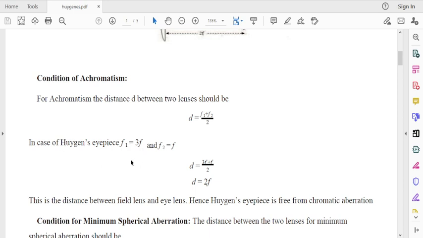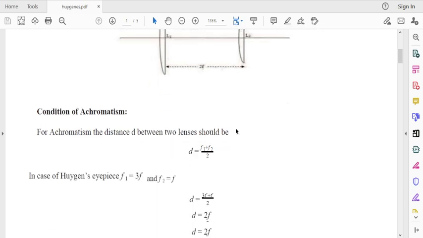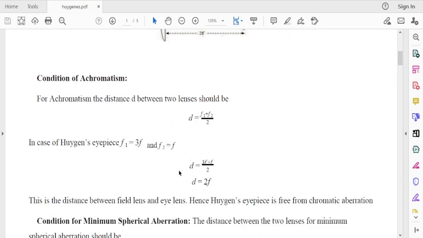As we have seen, F1, the focal length of the first lens, is 3F, and the focal length of the eye lens is F, and therefore D equals (3F plus F) by 2, and D equals 2F.